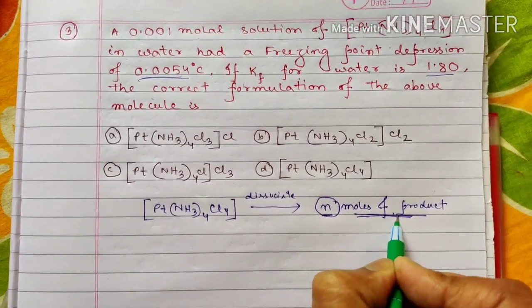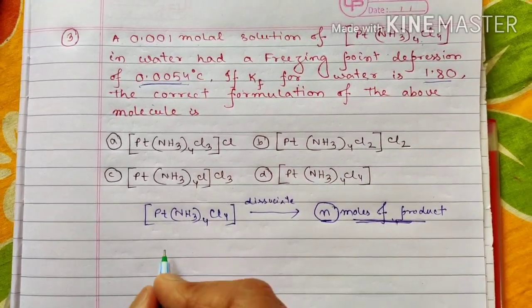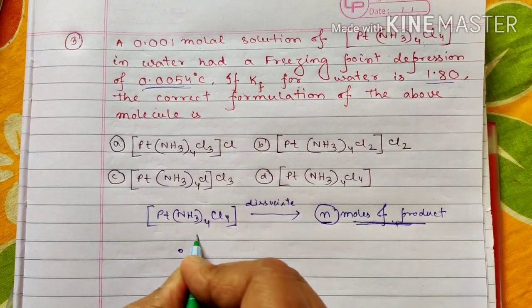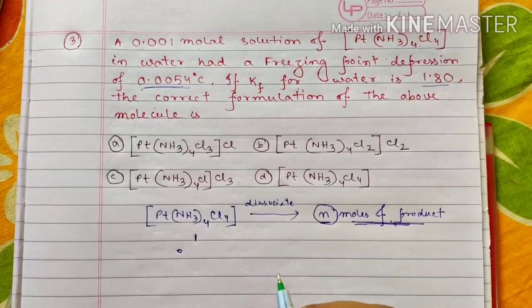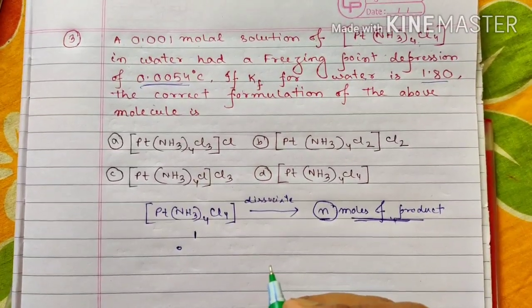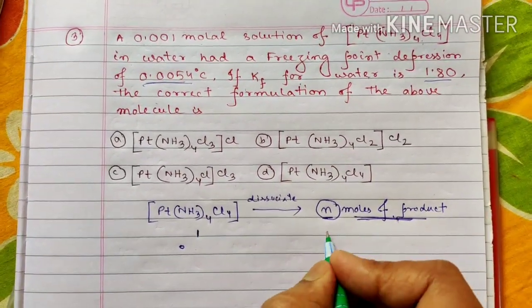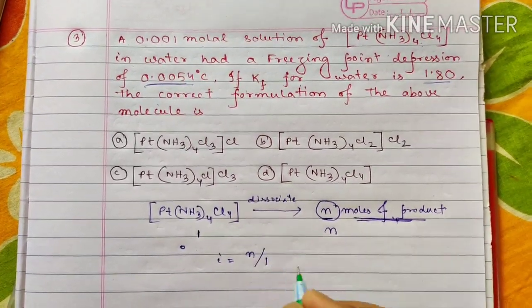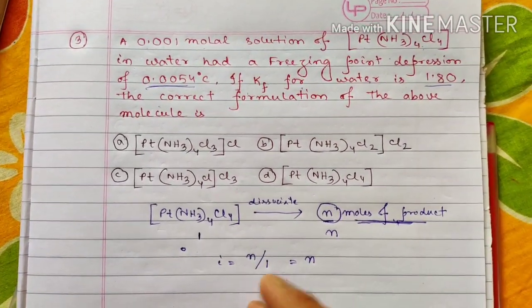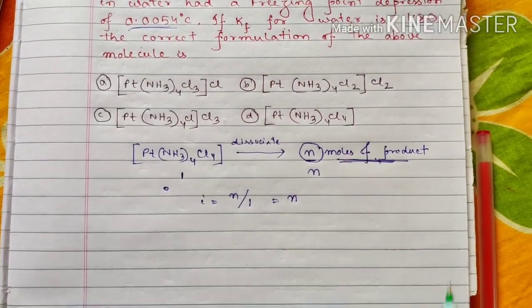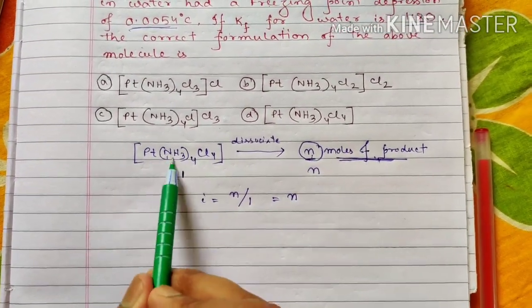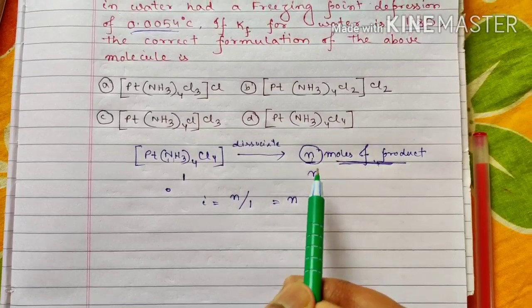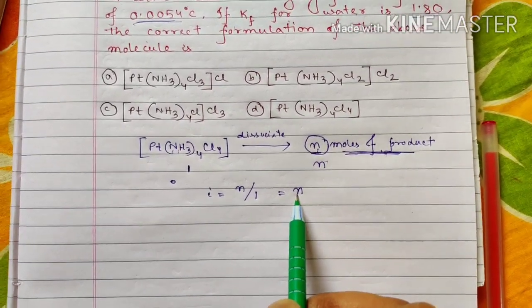We have to find that out actually. So here, earlier there was only one molecule or one mole you can say. After that it becomes n. So the value of i will become n by 1, which is n. So the number of moles of product that this will dissociate into will be the value of i.